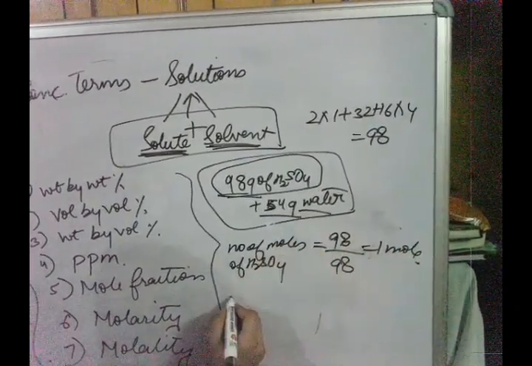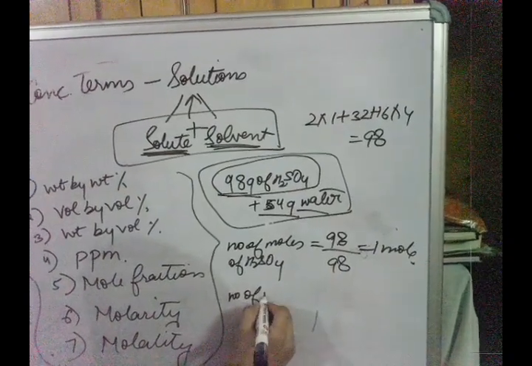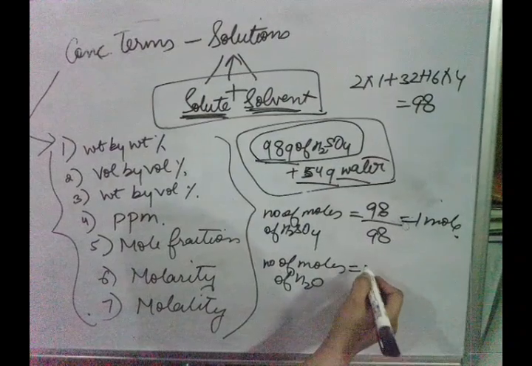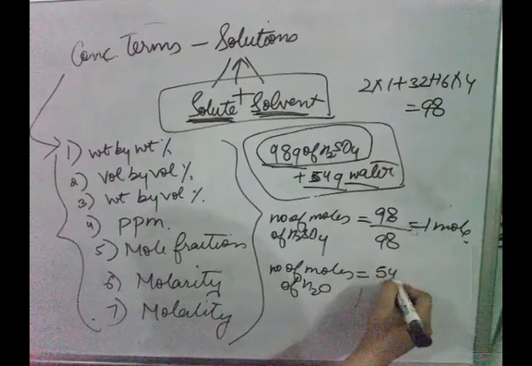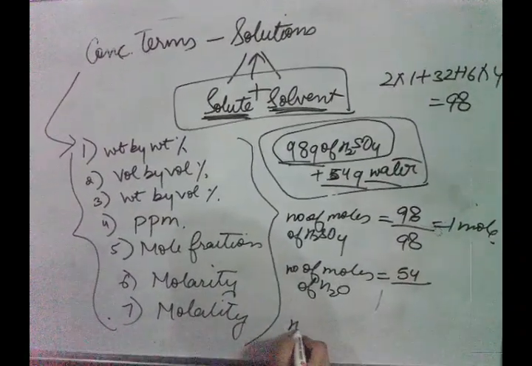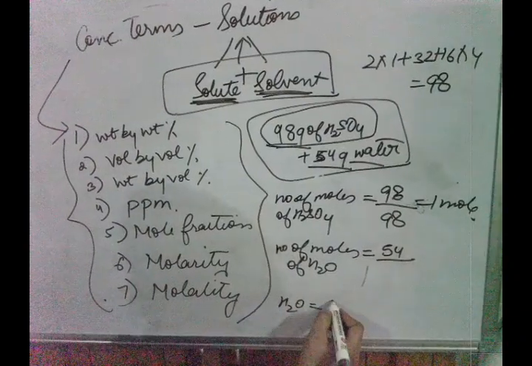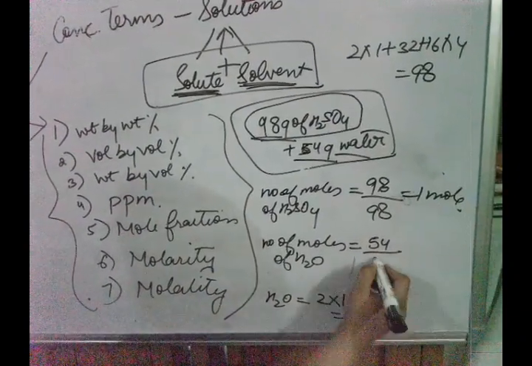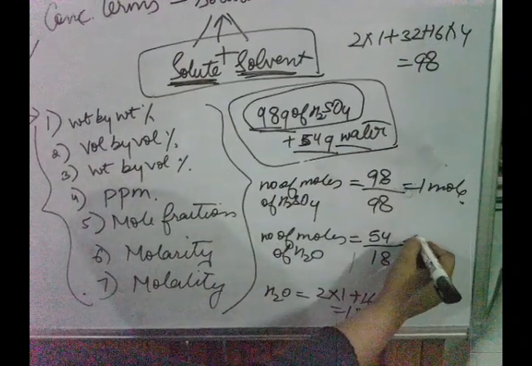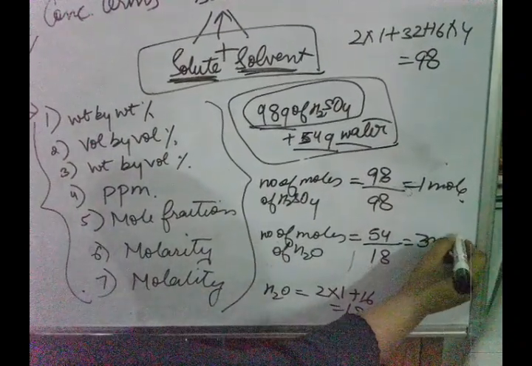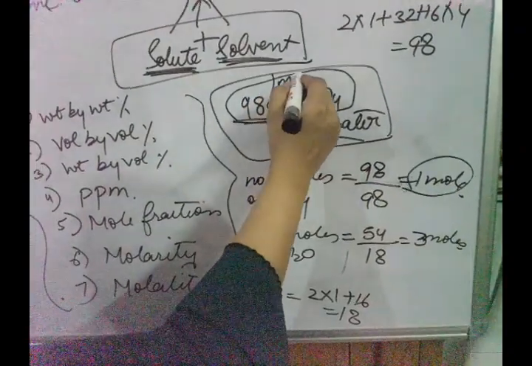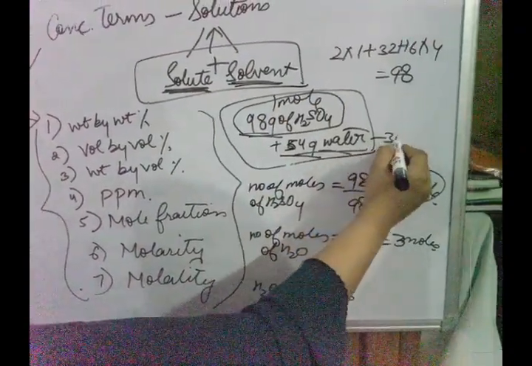And for water, to calculate number of moles of H2O, 54 is the given mass, and the molar mass of H2O would be 2 into 1 plus 16, that comes out to be 18. So 54 by 18 comes out to be 3 moles. So this is 1 mole and this is 3 moles.